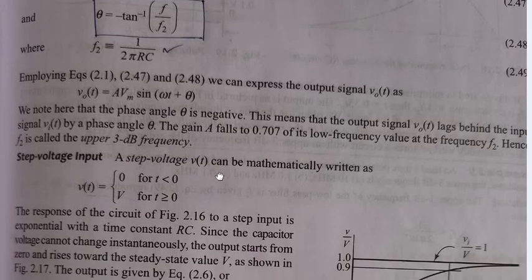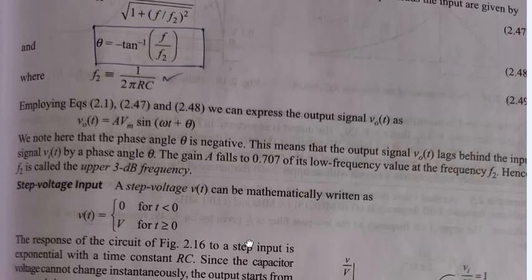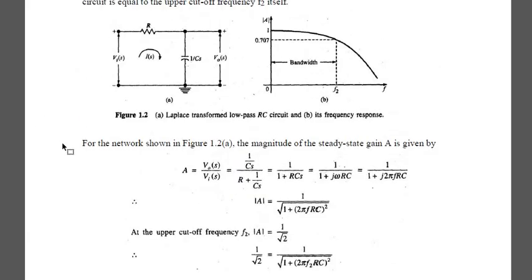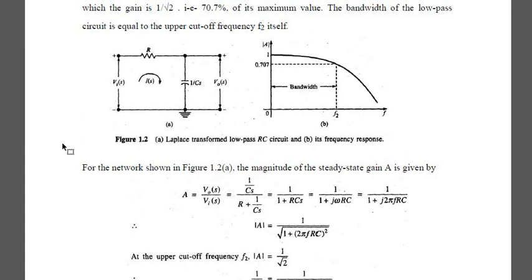Now the next one we are going to see is your step voltage input. First we applied a sinusoidal voltage, a continuous voltage. Now we are applying the step voltage. I hope now you are clear with this sinusoidal input voltage. For the first one I have shown how you got the input voltage Vi of t is equal to Vm sin omega t.